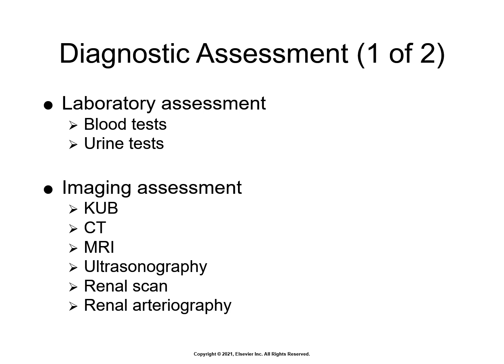They'll probably do a KUB just to look at the kidneys, especially if you have kidney stones. I've had a bunch, and they're not fun. And every time I go, they'll do a KUB to see if they see any more stones. They may do a CT, an MRI, ultrasound. I've had all of these. I've had a renal scan. I've never had a renal arteriogram.